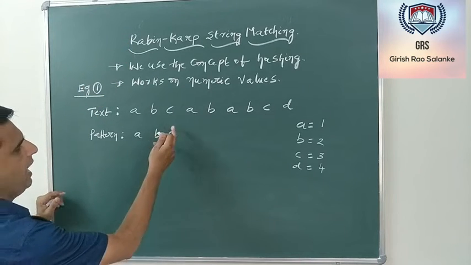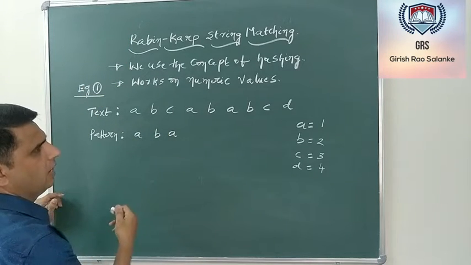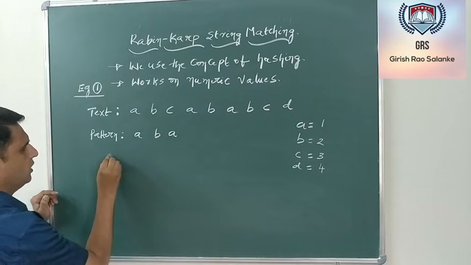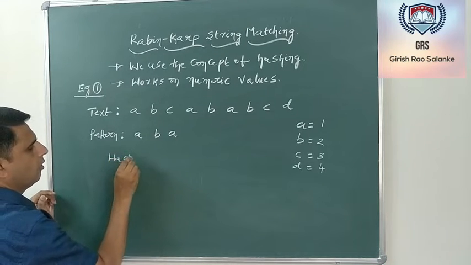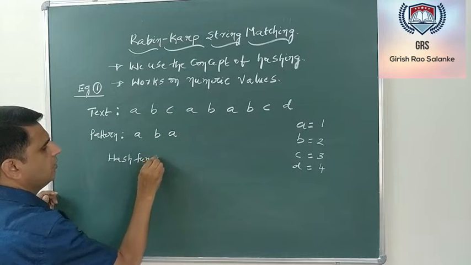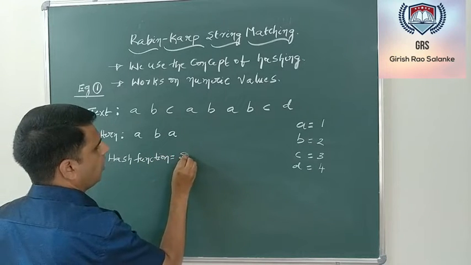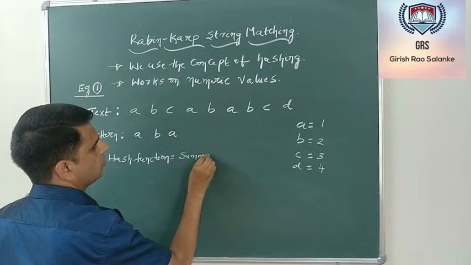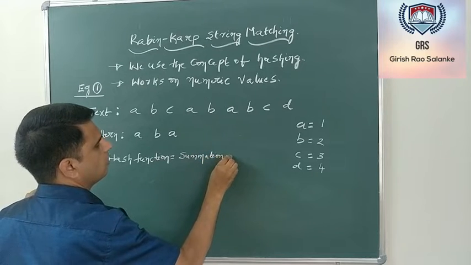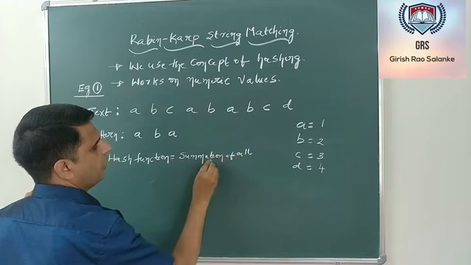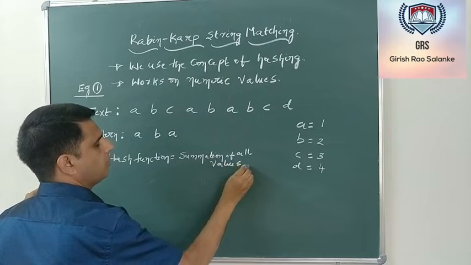Now coming to my pattern, as I told, this Rabin-Karp algorithm uses the concept of hashing. Let me find a hash value for this pattern. Let me keep my hash function very simple. My hash function is the summation of all values. I am keeping it very simple.